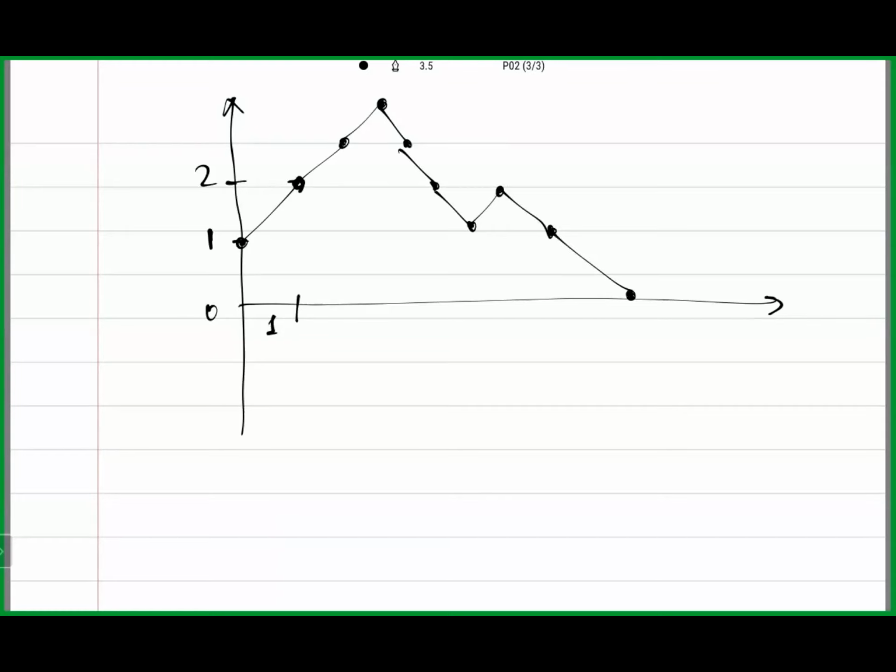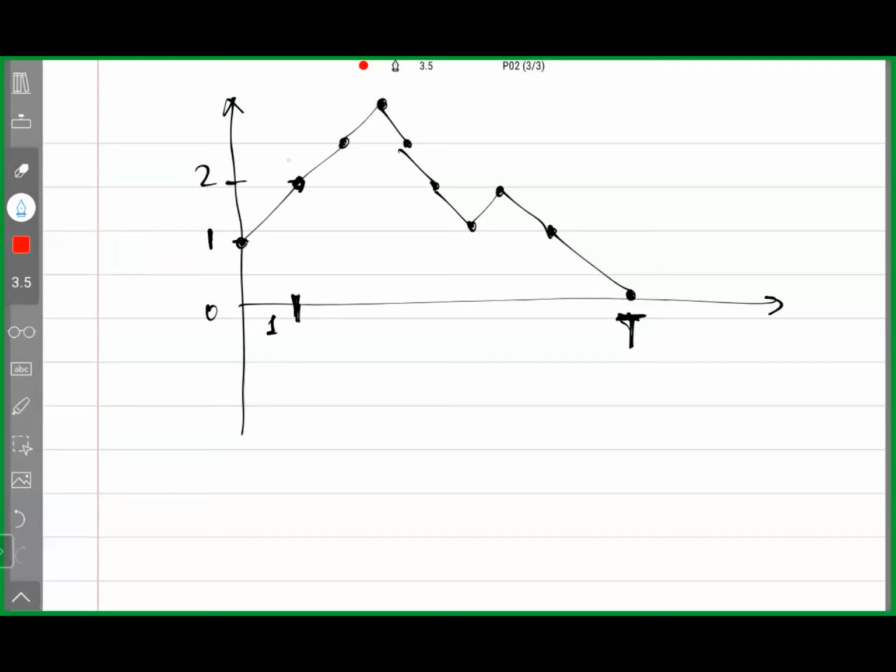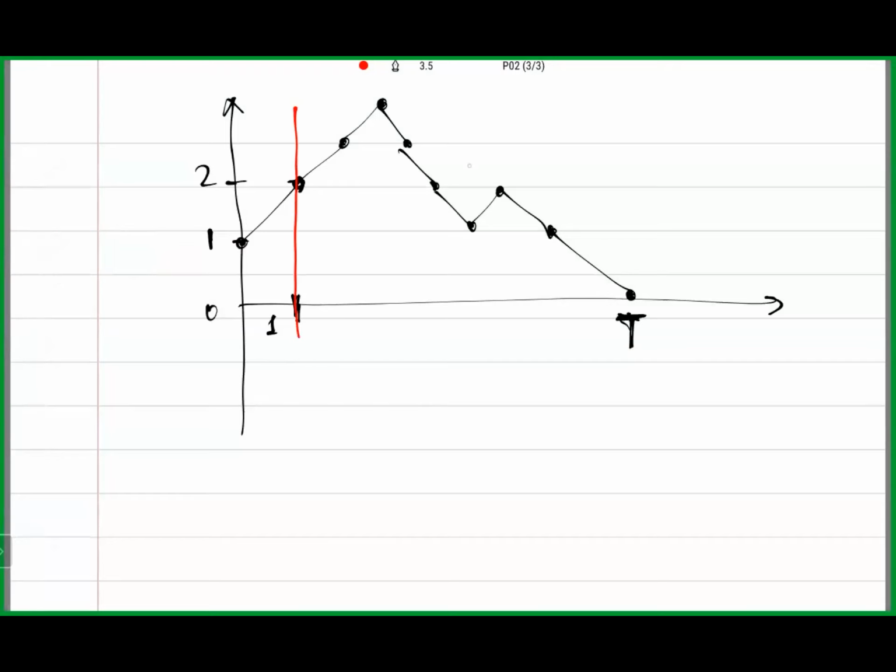Imagine that the trajectory was like this. This is t, the number of steps that you have used to go from 1 to 0. And this t may be decomposed in this case into 3 blocks. The first block is 1. It took you 1 step to go to the right.